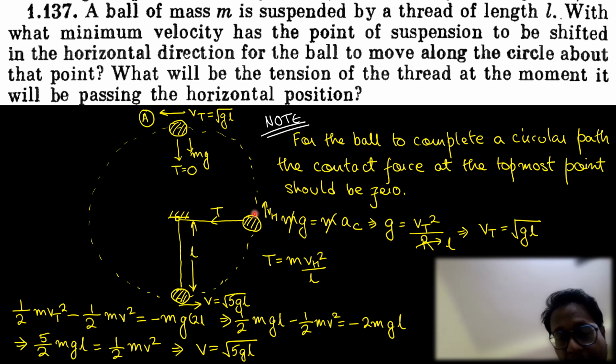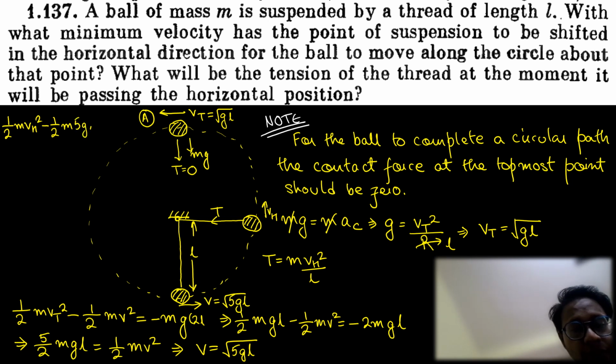Similarly, I apply the work energy theorem between these 2 points, between the horizontal position and the bottommost position. So half m vh square minus half m v square. What is v? V is nothing but root 5gl, so v square is nothing but 5gl. This is equal to the work done by gravity force, which is minus mgl.